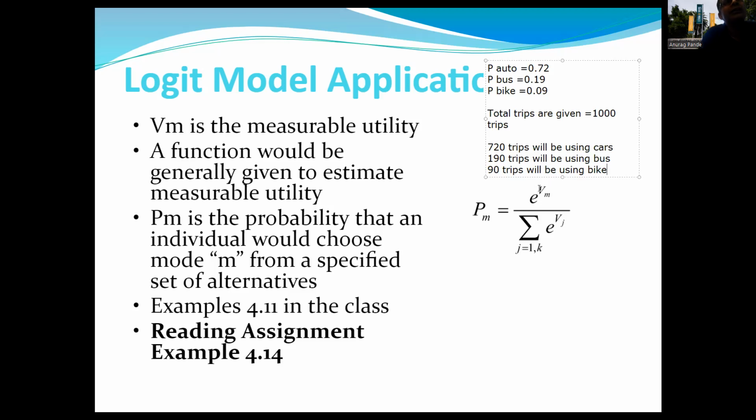Now, how do you actually get the VM value? You will be given equations in the problem to estimate VM values. For the utility value of each mode, you'll be given an equation, and you just have to plug the numbers into that equation.